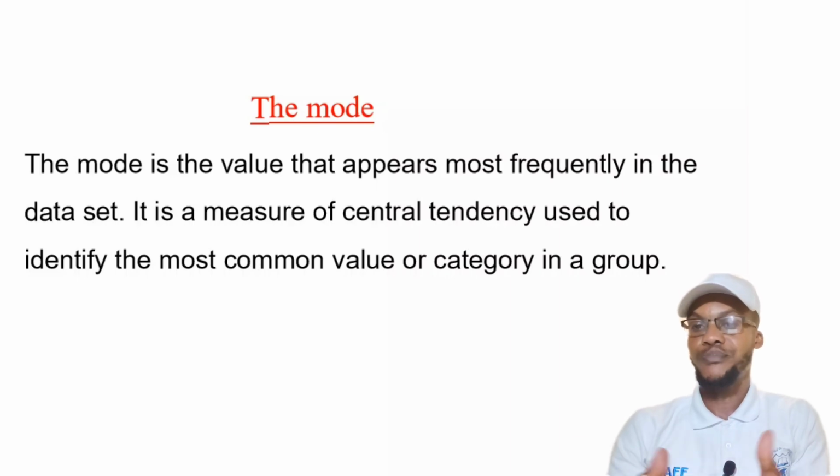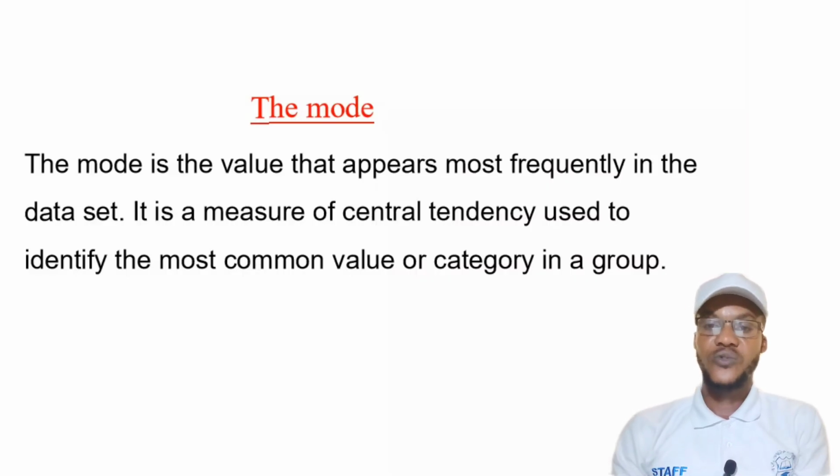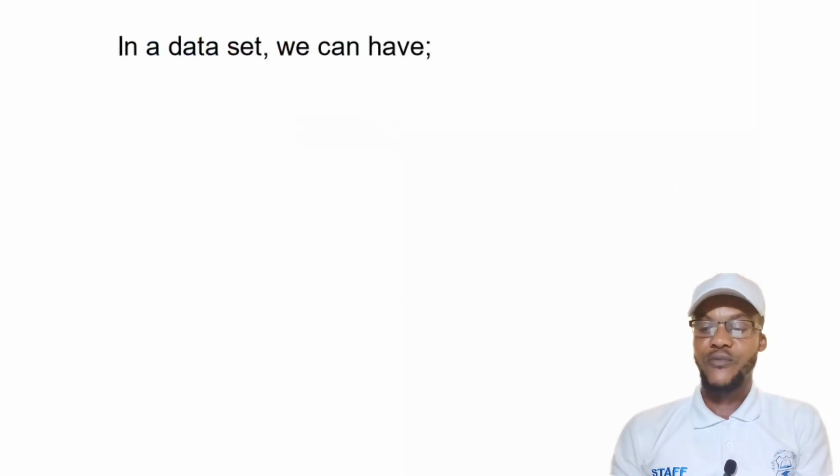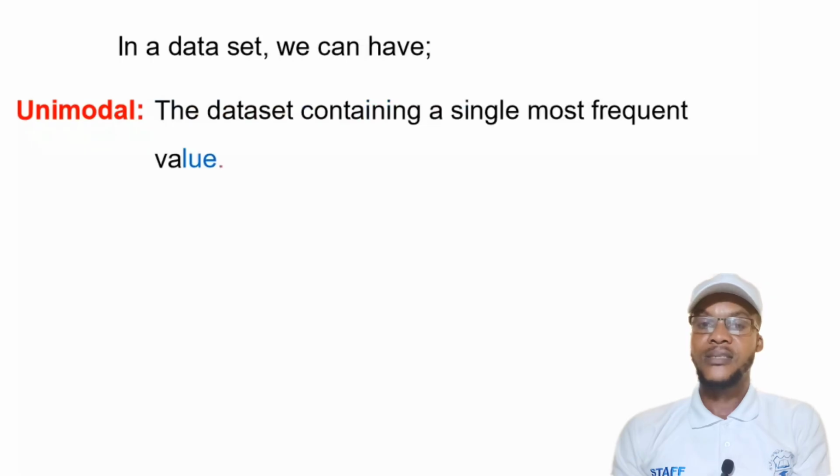So this one, for getting the mode is very, very easy. When you are given raw data, you just have to go through this. So if that's the case, then we are saying that in a data set, we can have what we call unimodal. Okay, yes, so it is a type of mode. And what does it mean? We are saying that for a data set to be unimodal, it means that that data set contains a single most frequent value.